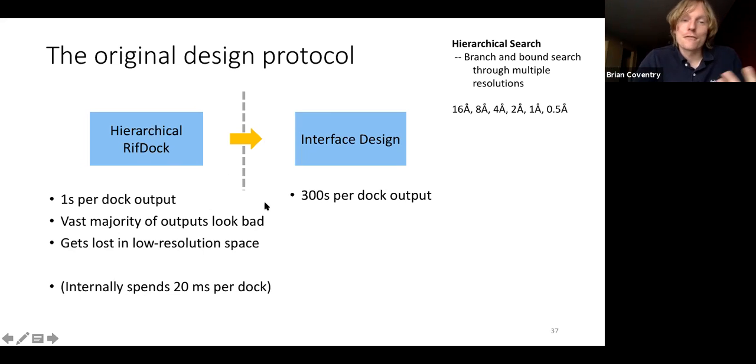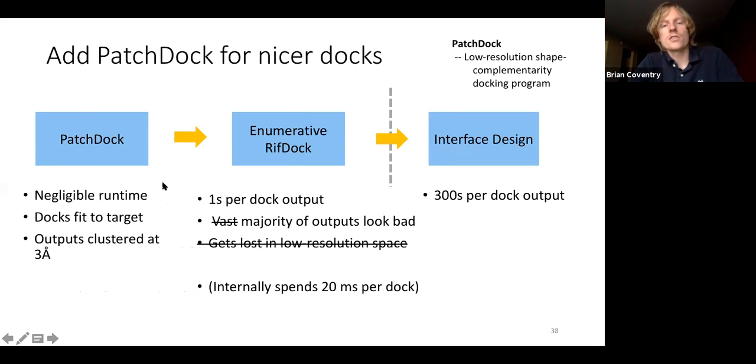And so the first thing that Longxing did was we stuck PatchDoc in front of it. PatchDoc's a program that docks based on very coarse shape complementarity. So you can imagine cartoon mode docking where it's just like, do these things fit together? We got it to output at about 3 angstroms. And so now only the majority of the RiffDoc outputs looked bad, which is a step forward.